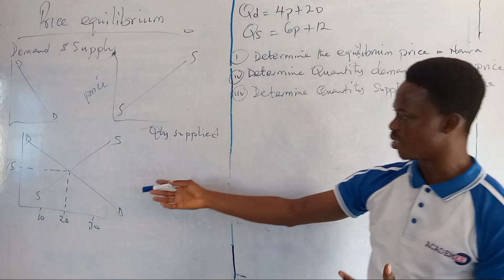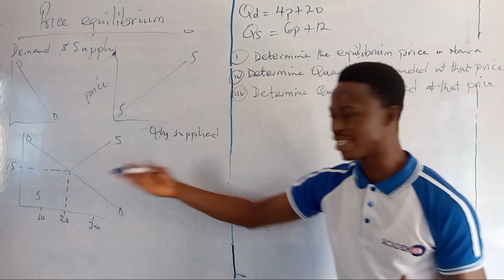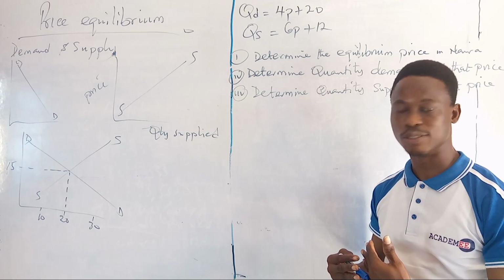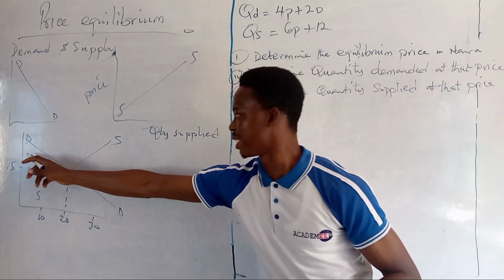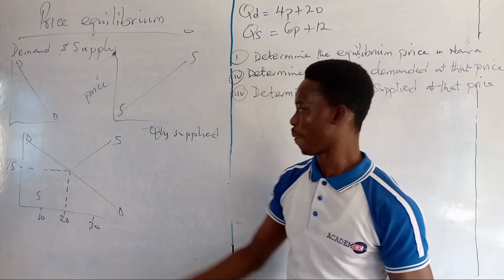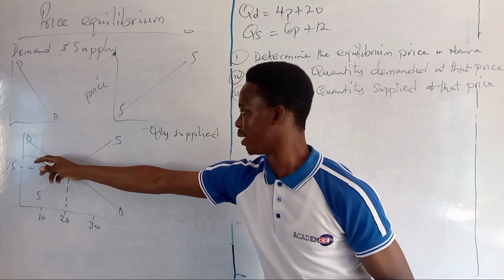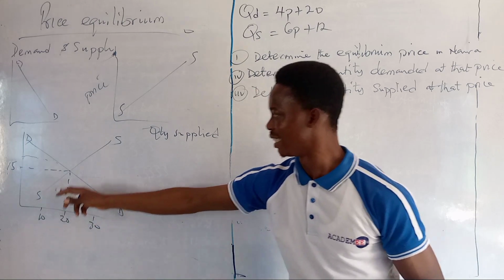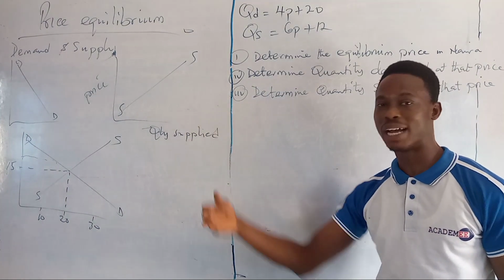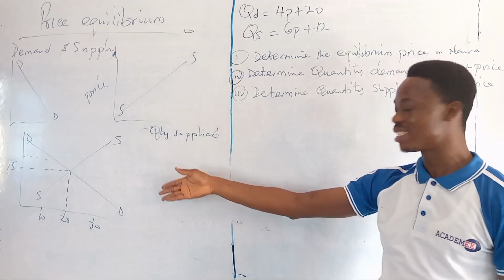But let's see what happens if the price goes above or below the equilibrium price. If you look at this clearly, at any price above this 15 naira, if we trace down the line of demand, the price has increased, which makes the consumer reduce the quantity they demand.